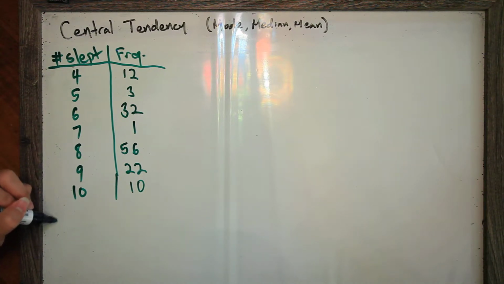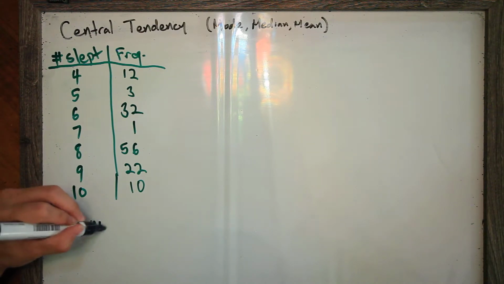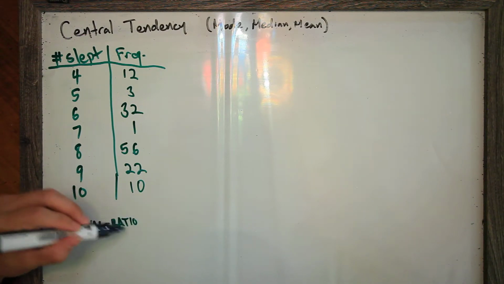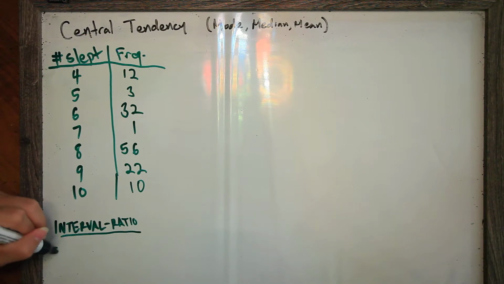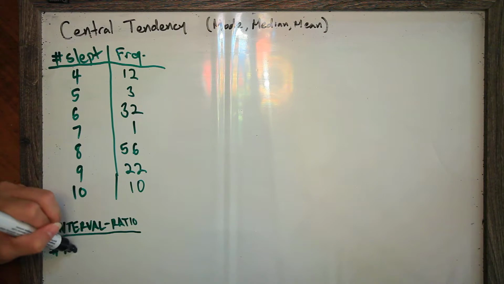We know that this data is interval ratio because, number 1, it's numerical, right? All of the values are numerical.